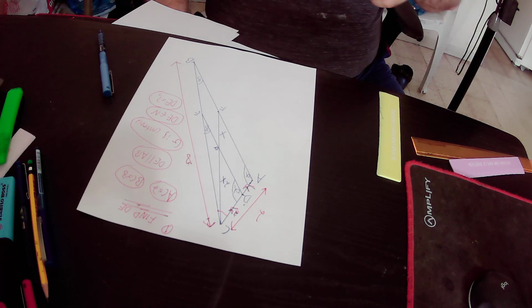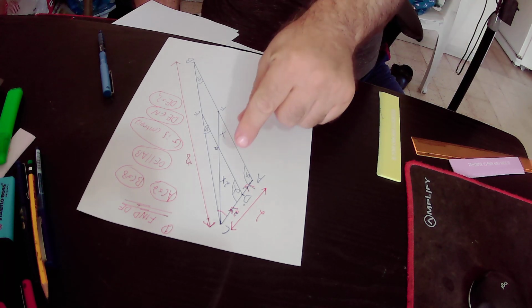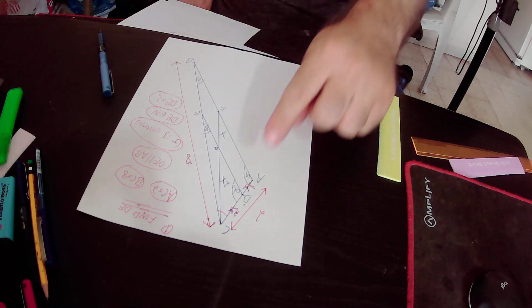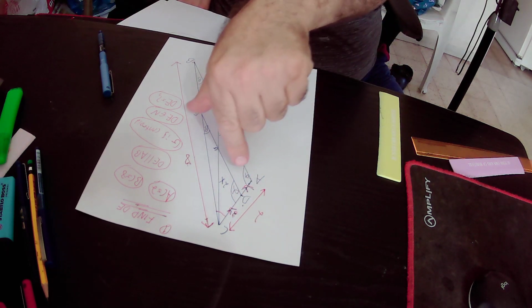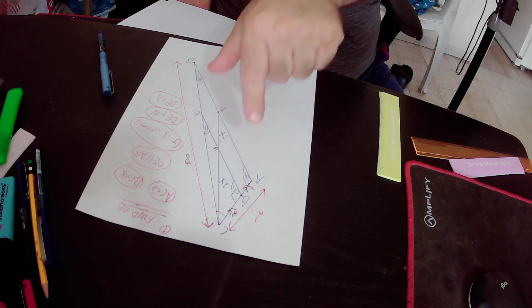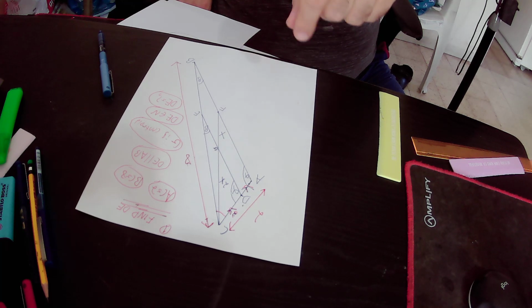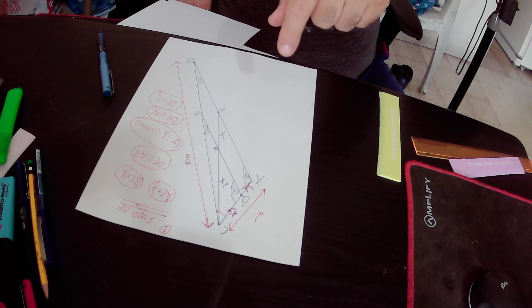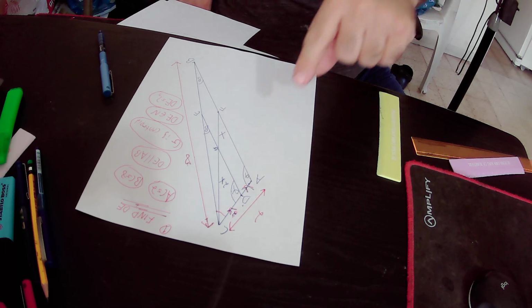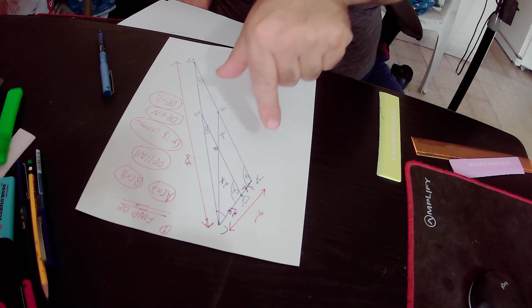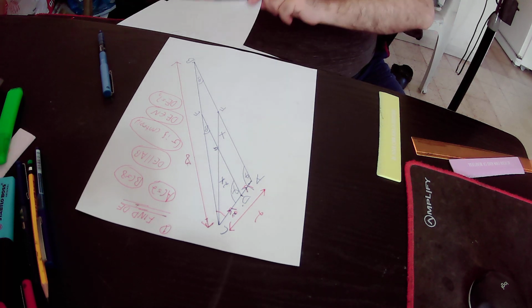So because triangle ABC is similar to triangle CDE, we can conclude that CD over AC equals DE over AB.